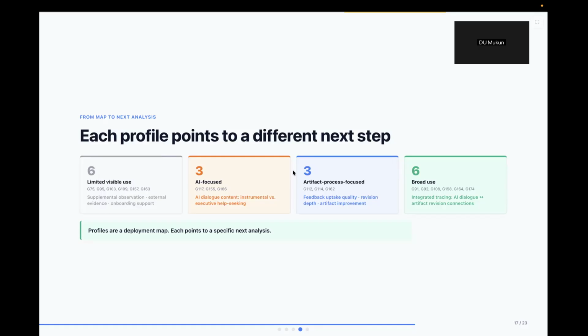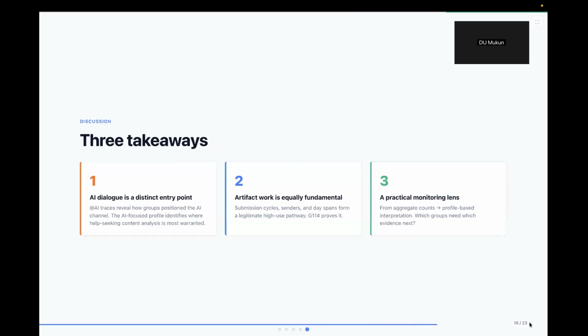We could help them in all the ways we have discussed before. They have both AI dialogue and their reports. So this one will be the easiest one to analyze. Each profile will have its own way to do the analysis.